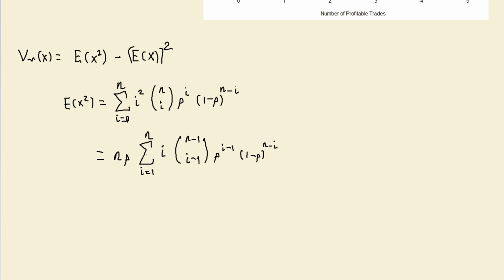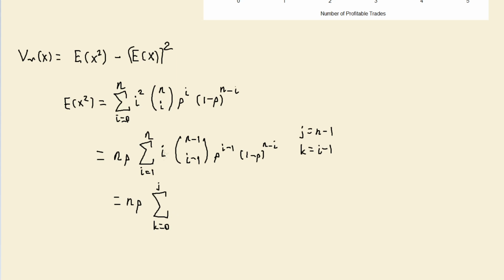Now, just as before, we're going to do a clever change of variables here. So I'm going to say j is equal to n minus 1, and let's do k again. k is equal to i minus 1. And then this is going to become np, once again, multiplied by the sum. This time we're going to be indexing from k equal to 0 all the way up to j, just as before.